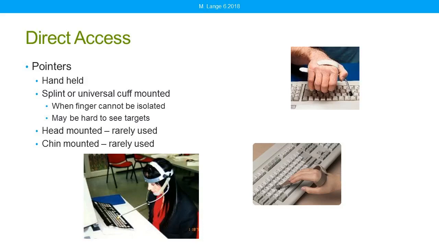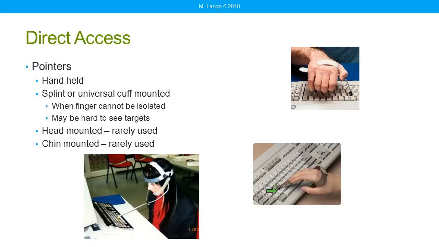There are others that are mounted to some sort of splint, either a universal cuff like is shown here on the right side, or an actual therapy-generated splint that is adapted to hold some type of pointer. This allows a client who can't otherwise isolate a finger or exert enough force to accurately activate a location to do so, because the pointer can act that way for the client.